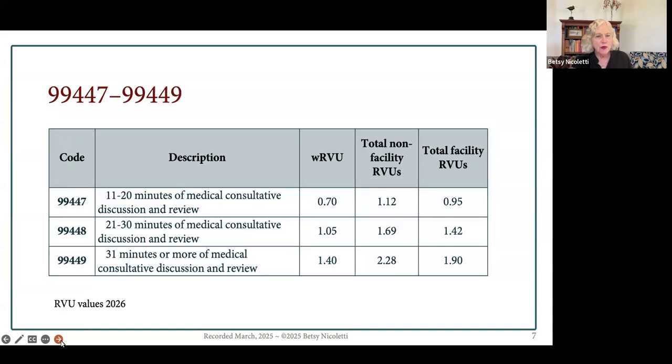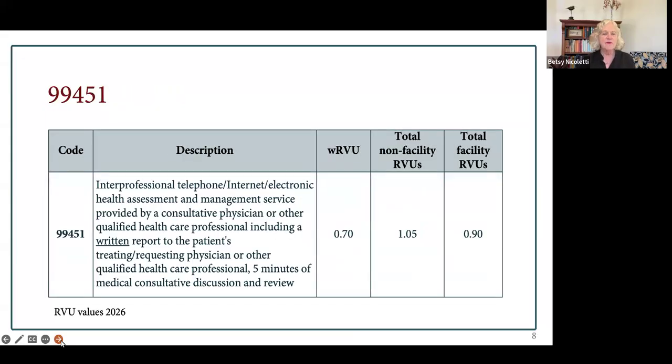The next 3 codes are 11 to 20 minutes, 21 to 30, and 31 minutes or more. And these carry the same definition that we saw on the prior slide, requiring a verbal and written report. There is a 5th code for this interprofessional assessment and management when only a written report is provided or performed.